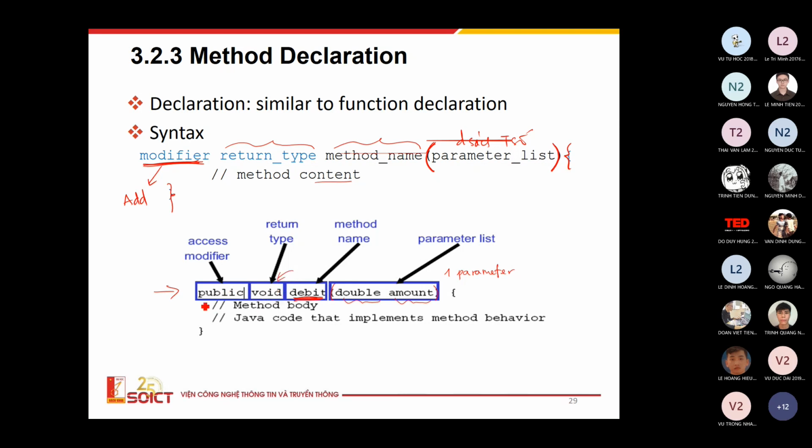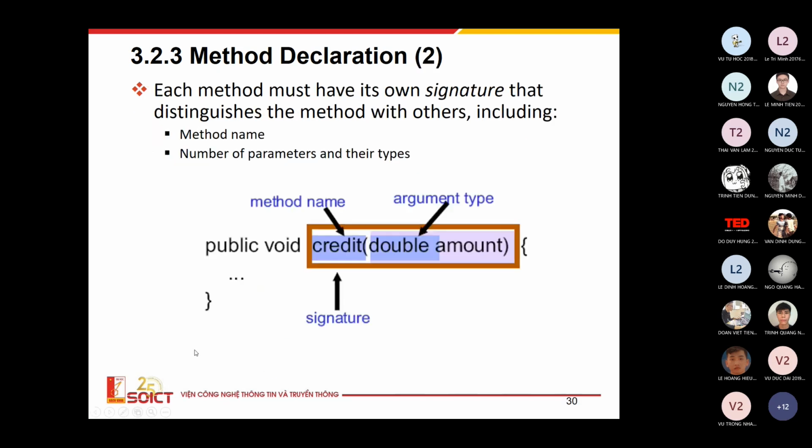And the modifier is public. Inside the block of code here will be the body. And what we call the signature, this is very important, you have to remember the definition of signature for a method. Chữ ký của phương thức.